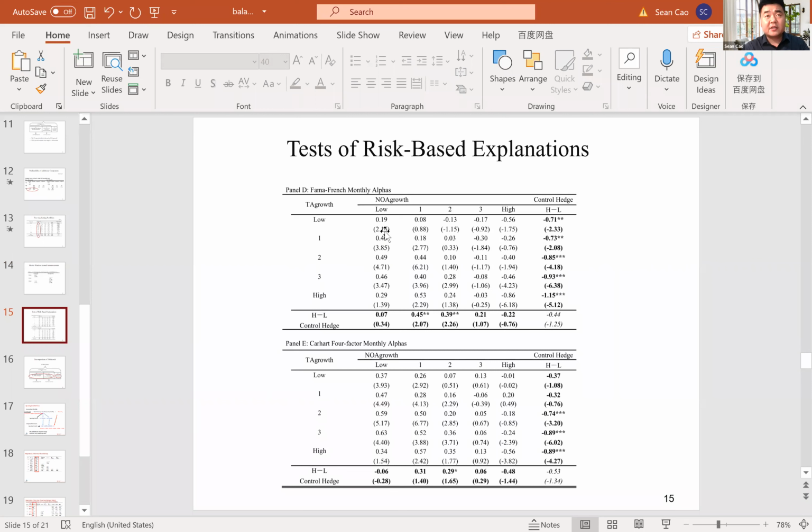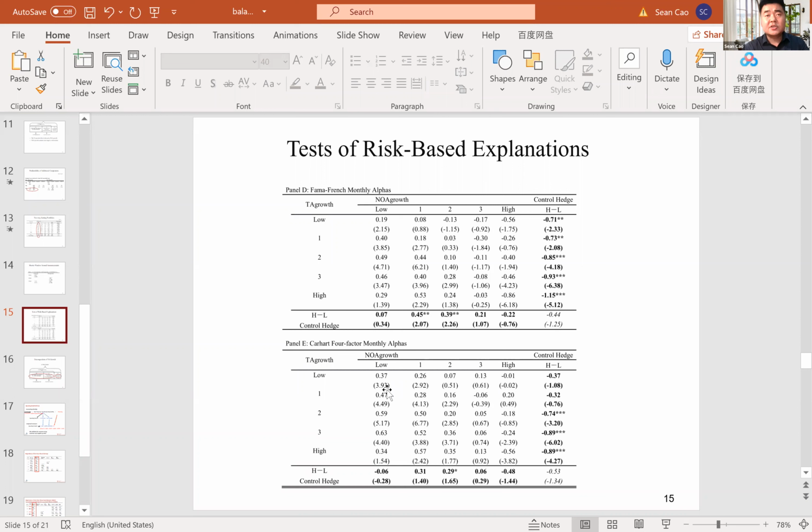This is a 3 factor adjusted alpha. Here is a 4 factor adjusted alpha. And how to do that? You can read the paper I gave you guys. I think I gave you detailed description of how to do the risk adjusted alpha. And this is something you guys already learned from some of your classes.